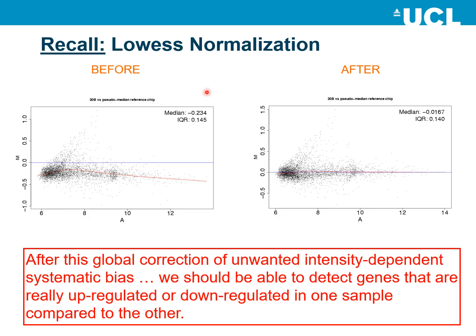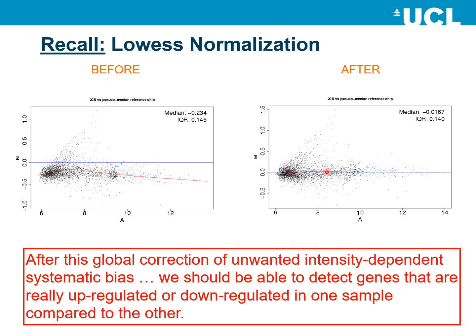So you'll recall that the way this type of bias is handled is LOWESS normalization. We fit a locally smoothed line to it, and then in windows we scale all of the genes in that window to have on average zero difference, and we get rid of the systematic bias, which is intensity dependent.